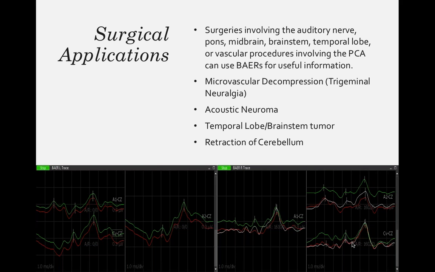A tumor on the temporal lobe or brainstem, we would want to monitor the auditory pathway for that. And then retraction of the cerebellum. Anytime the cerebellum has to be retracted, that's going to pull a little bit on the brainstem, put pressure on the inferior colliculus. We want to make sure that no damage is done to these signals.